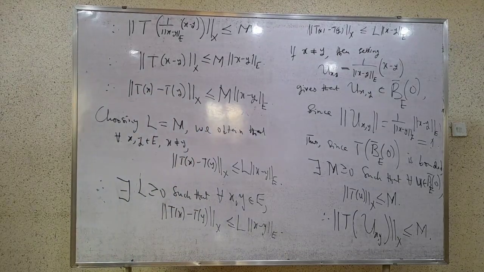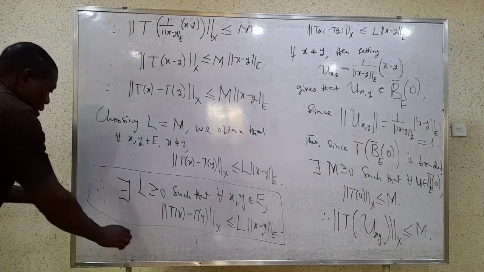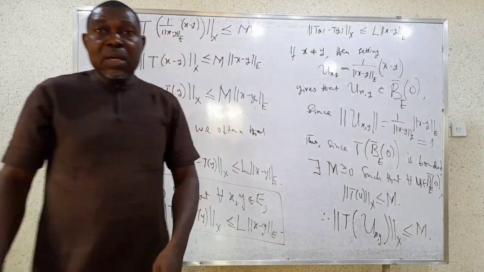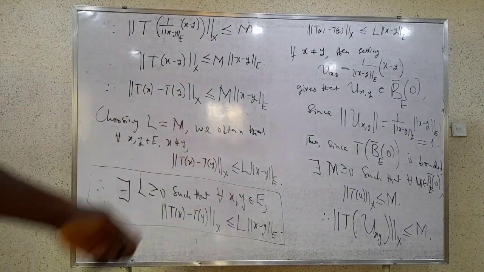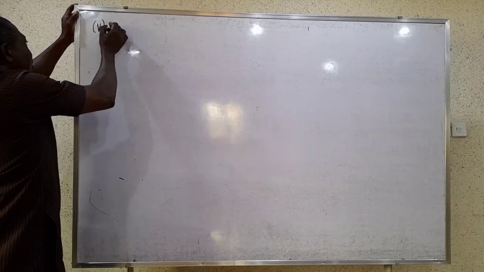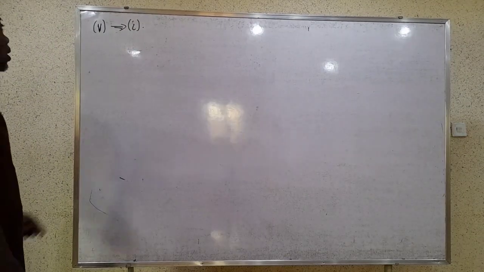So this completes that part. So this means that T is Lipschitz. You remember combining where x is not equal to y as well as where x equals y, in all, we get it for all x, y in E. So we have shown B implies I. I hope we're following. Yes, sir.